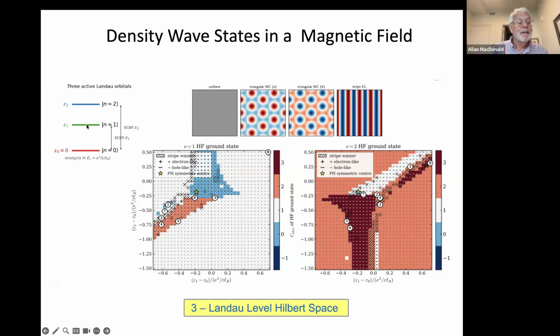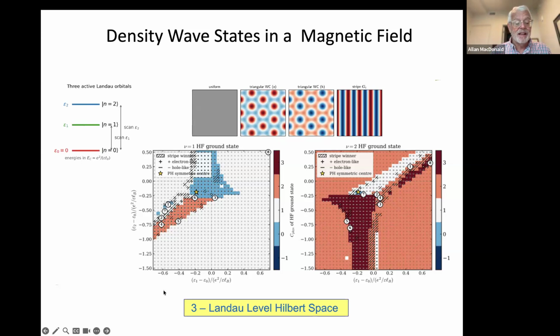And the actual difference between these energies depends a lot on the displacement field. It can be tuned experimentally, and tends to be mostly in the region where the interesting physics occurs. The higher Landau levels tend to have lower energy.